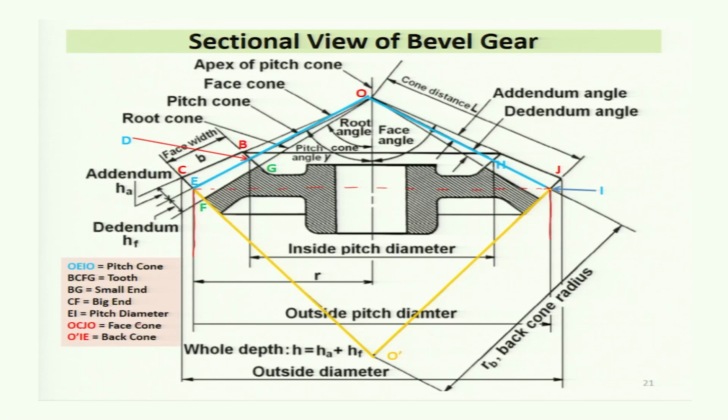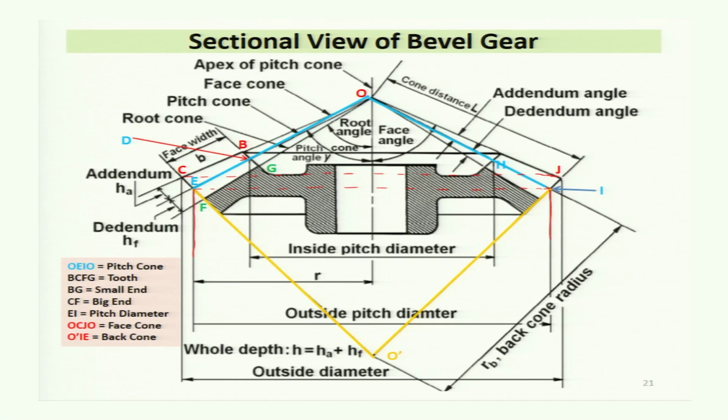Then OCJO is the face cone. C and J are joined, so OCJO is the face cone. When this CF is extended and this JI is extended, follow the yellow line, then it intersects at O dash.